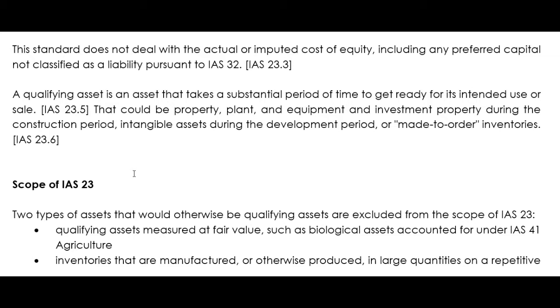It can be items of property, plant, and equipment, investment property, intangible assets, or other made-to-order inventory. These are the job order items in our inventories that will take a substantial period of time. Generally, as provided by the standard, these items can qualify as qualifying assets for capitalization of borrowing cost.